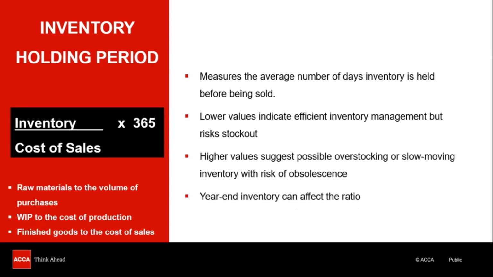However, that is the value that we are going to take. So the year-end inventory value, whether it is higher or lower than the regular inventory which is being held, it may affect the ratio. In your case, please remember particularly that in your questions, you have to use the closing value of inventory always for your calculation purposes.